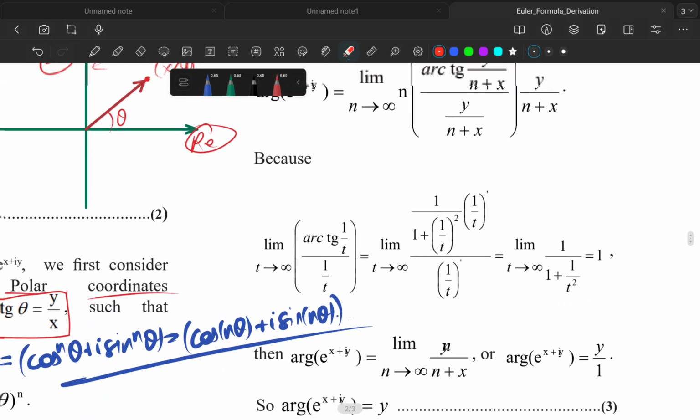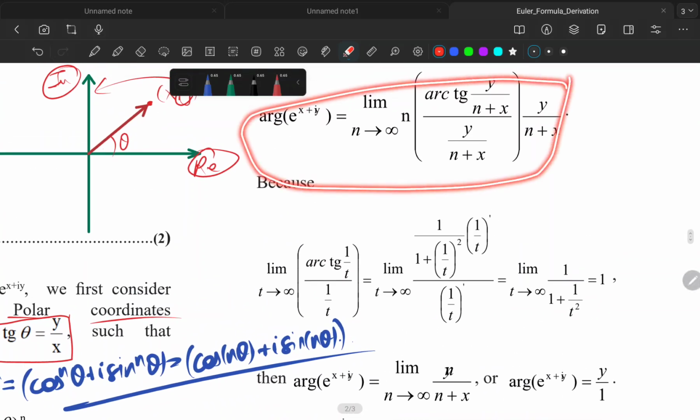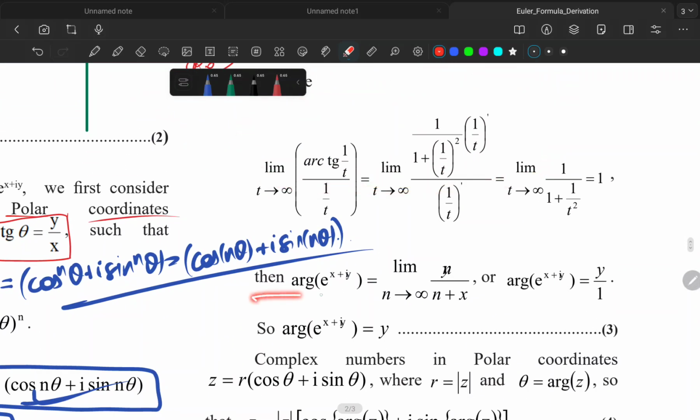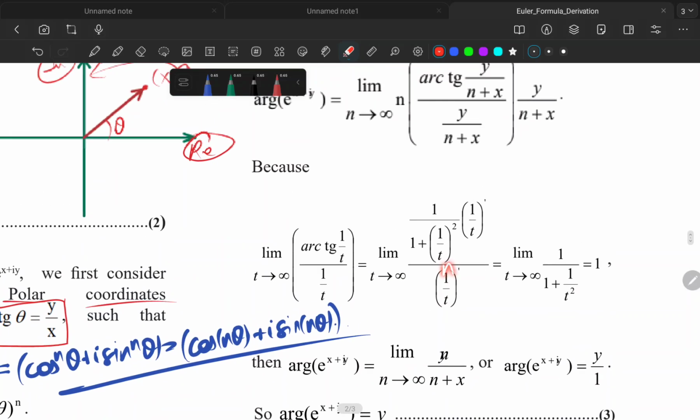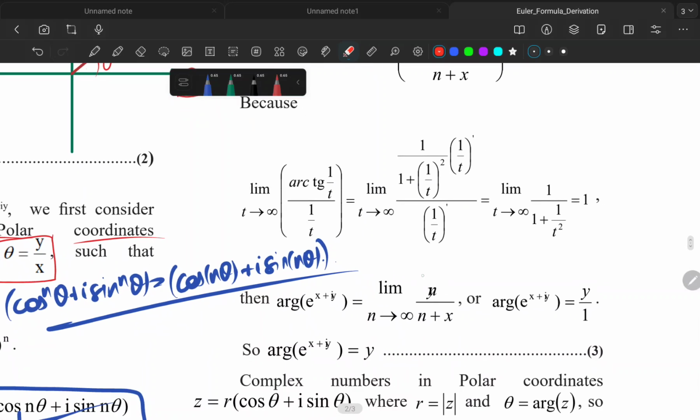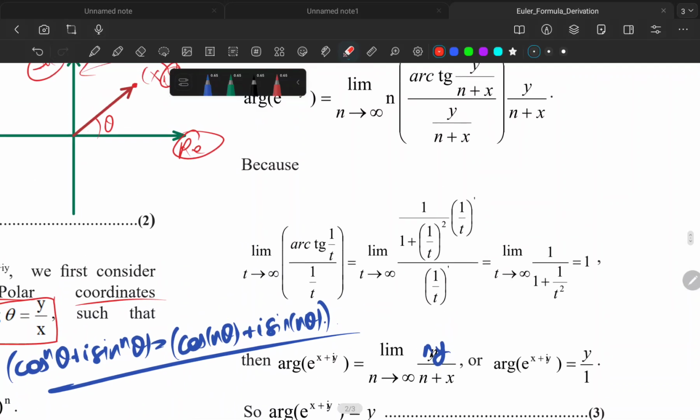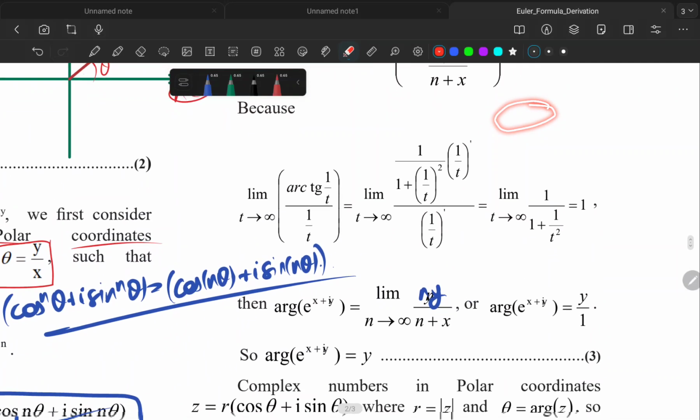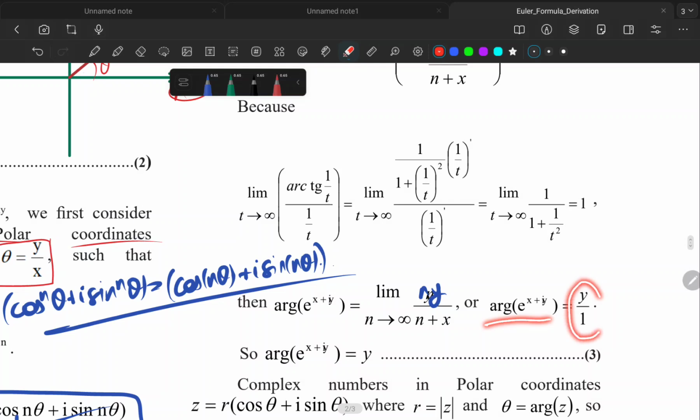When we look at our case, the argument of e to the y, that's good, and this is n times y, let me write it clearly, n times y, and in the denominator we had n plus x. This also becomes a limit as n tends to infinity, right?